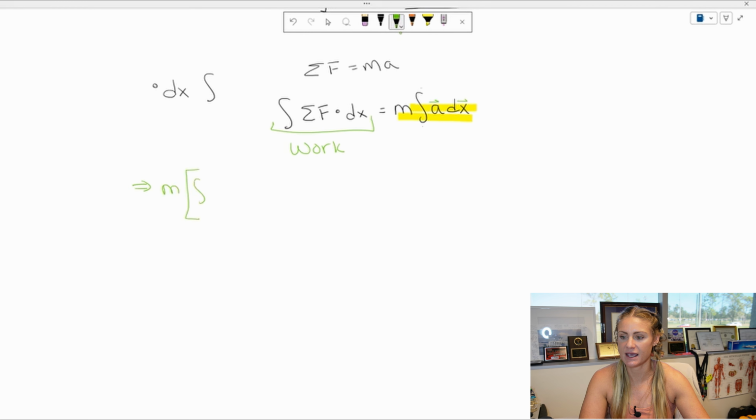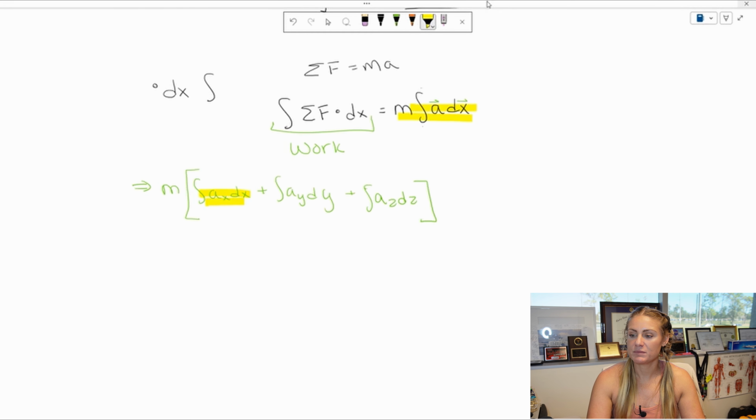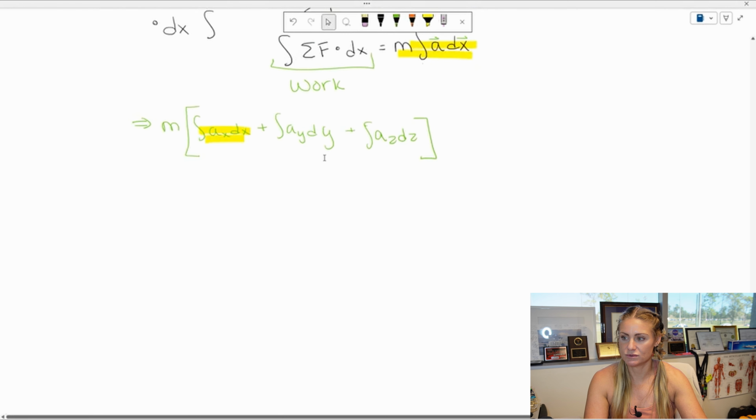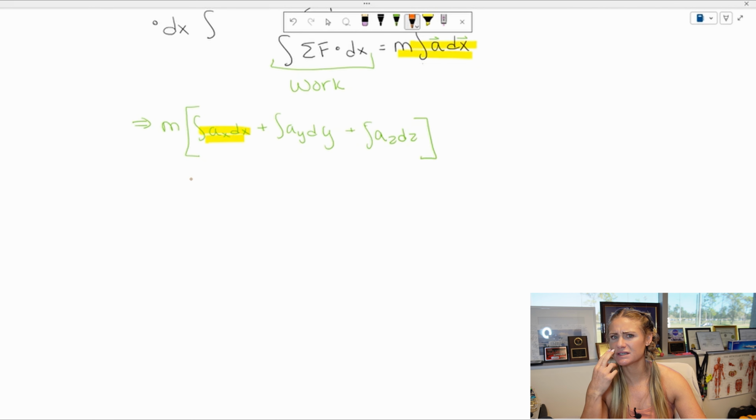So I'm going to say ax dx plus ay dy plus az dz. Okay, and then I want to turn my attention to this. I'm basically asking you to take the integral of this. Can I take the integral of this?